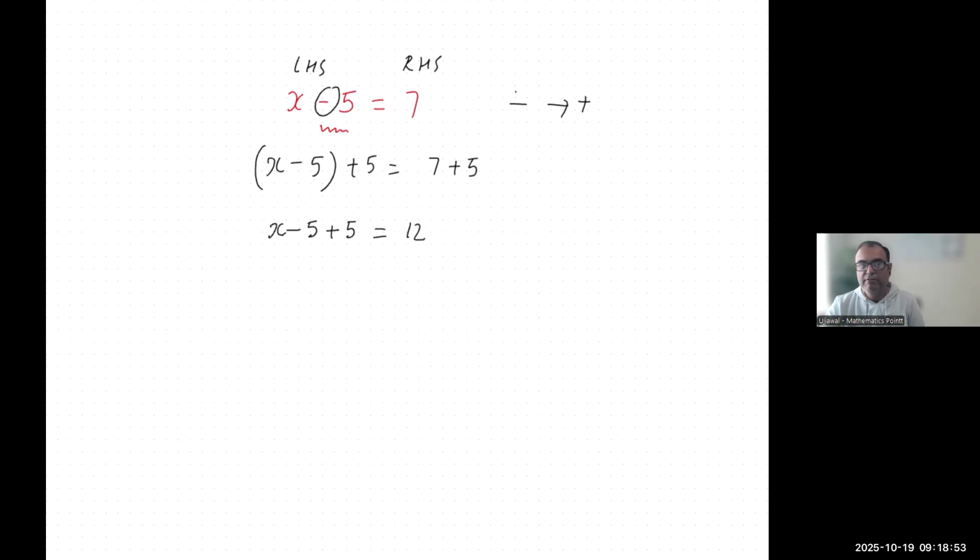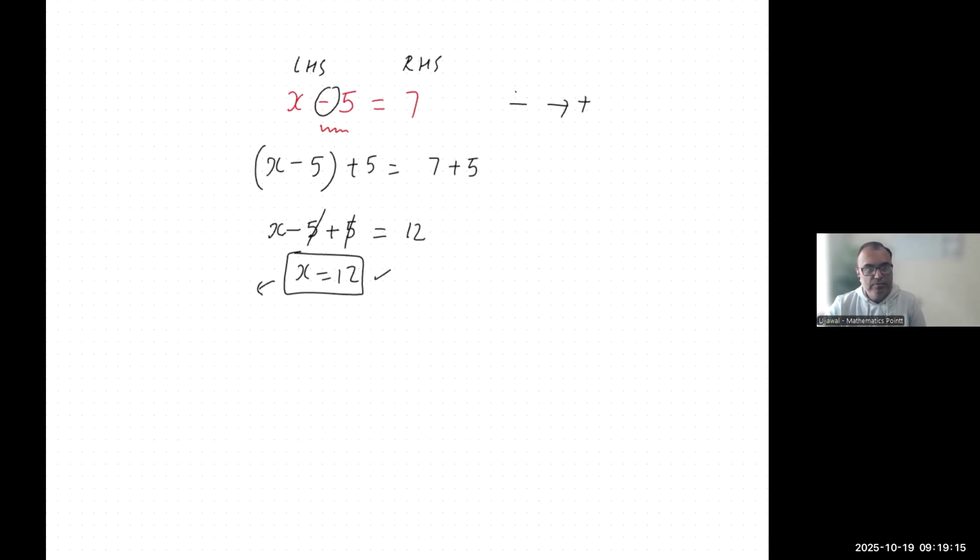Now 5 and 5 cancel, x is 12. So x is now left all alone on the left-hand side, and we found the value of x, which is 12.